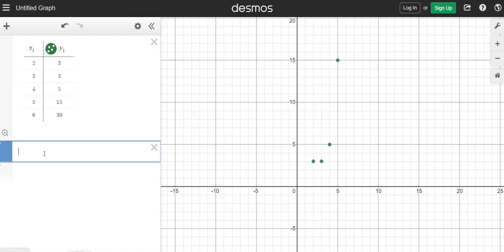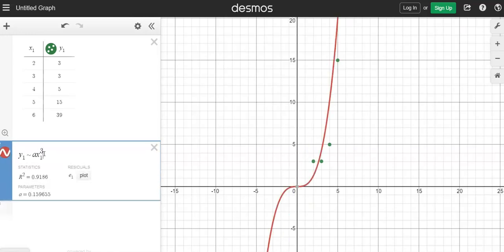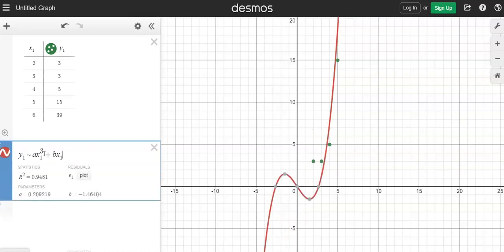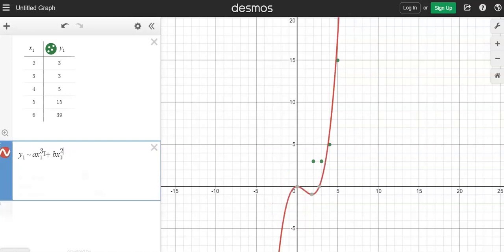And so as I punch this in, again, it's y1 tilde. And again, the only reason I'm using y1 instead of y is because that's how it's labeled in the table. That's telling Desmos to use the values from the table to approximate this. And then it's a x1 cubed this time plus b x1 squared, and every x should be an x1, sorry.